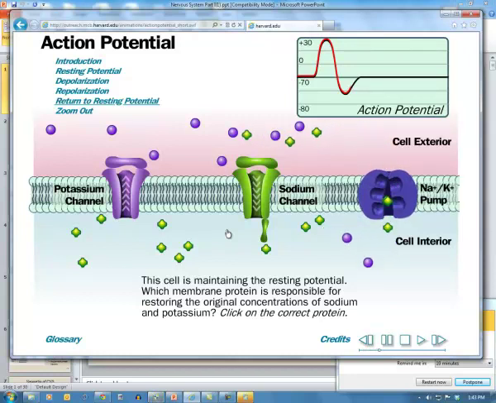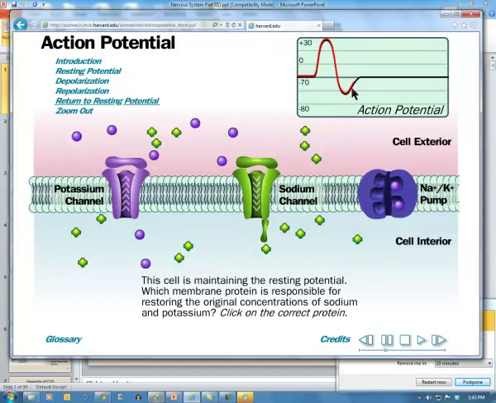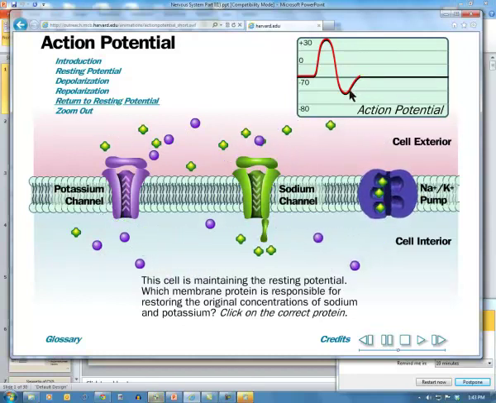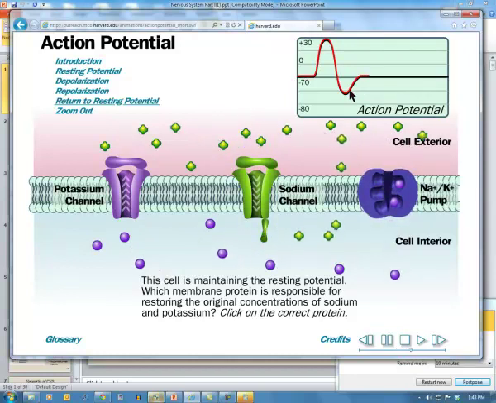So notice this little spot here is the result of the sodium-potassium pump reestablishing those ions on the correct side of the membrane, cycling 3 sodium out, 2 potassium in, as long as there's ATP available. So this process, the result of these channels, is the action potential.